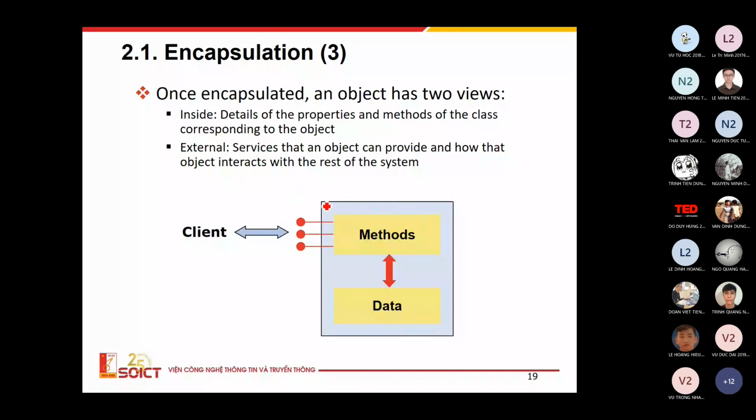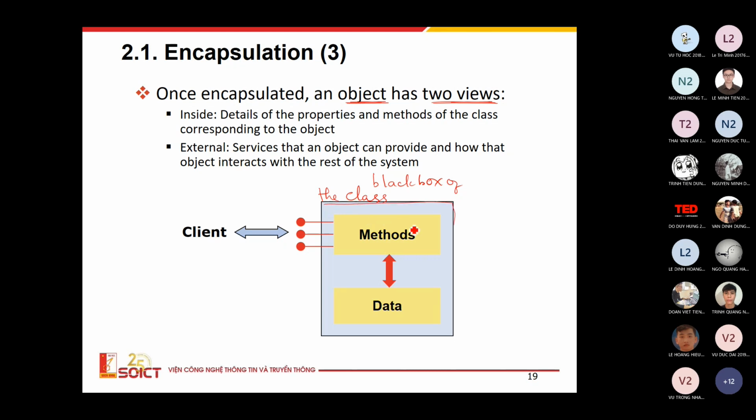So when we already, for example, you imagine this black box of the class. So the object of this class will have two views. One is inside the class.